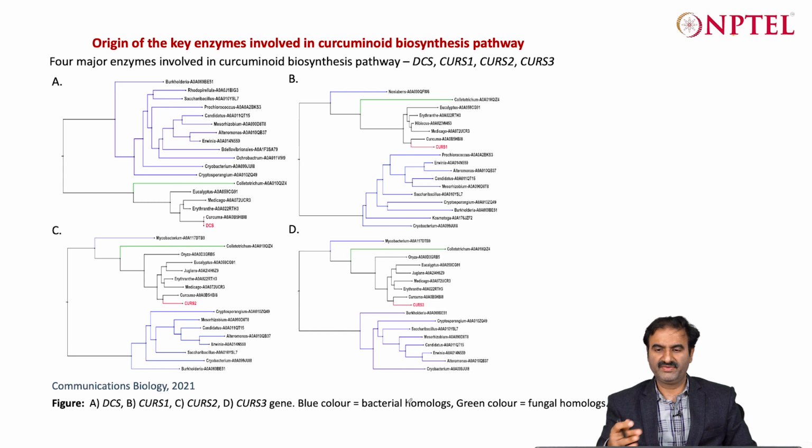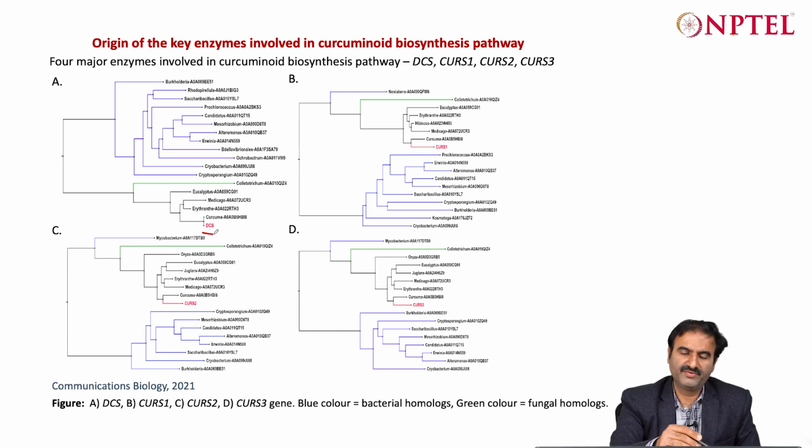Okay. So for example here this was the gene of interest or enzyme of interest, so you could find a homolog in another Curcuma species.